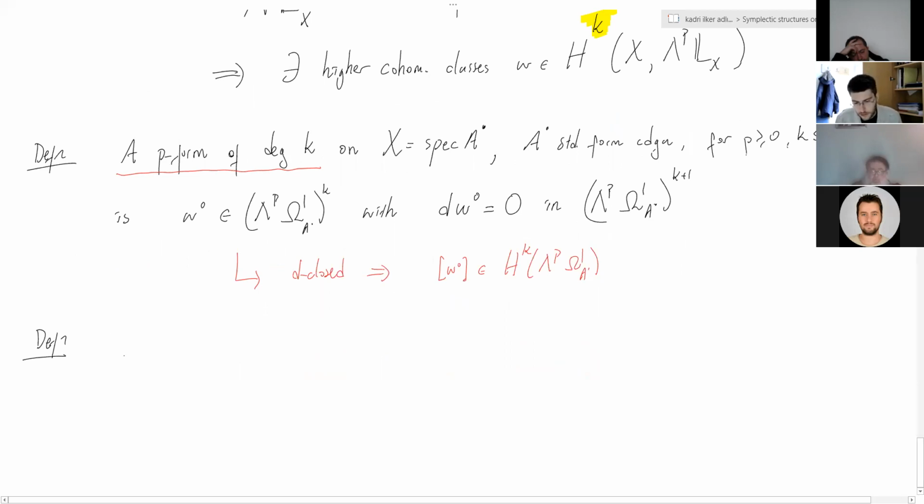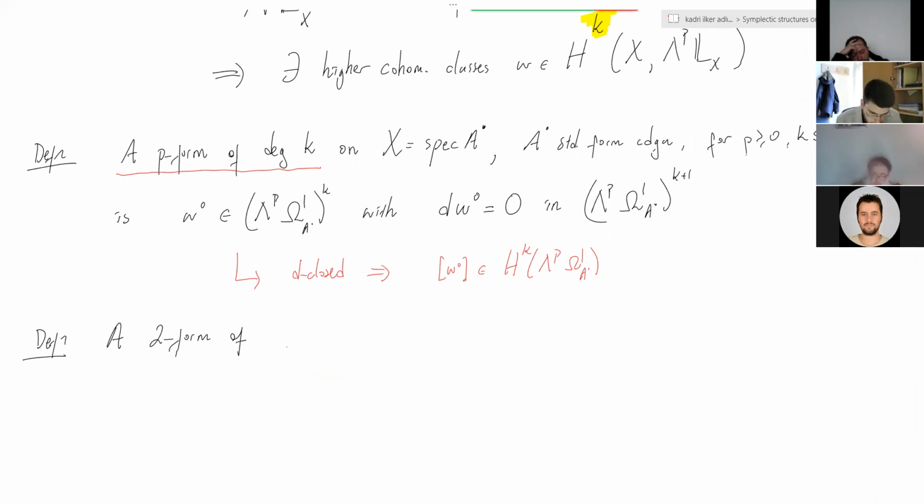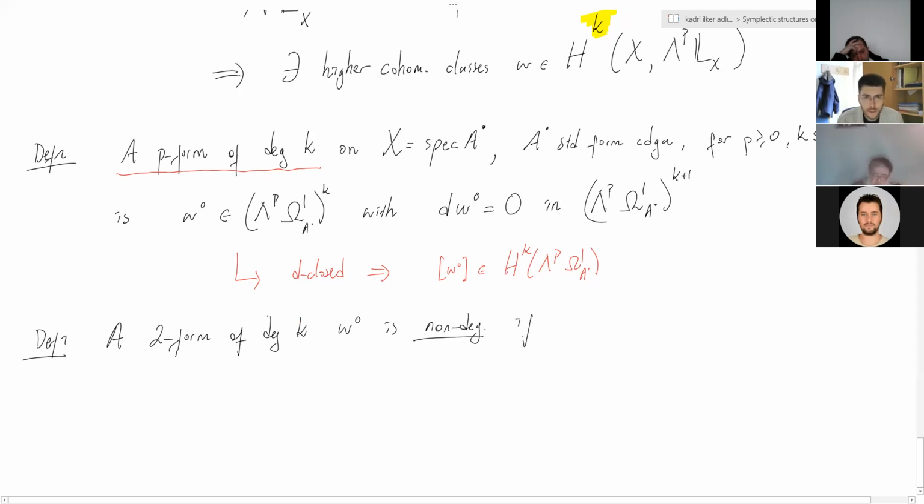A two-form of degree k, let's say omega 0, is called non-degenerate if, remember from the usual differential geometry, the tangent space and the cotangent space are isomorphic, right?